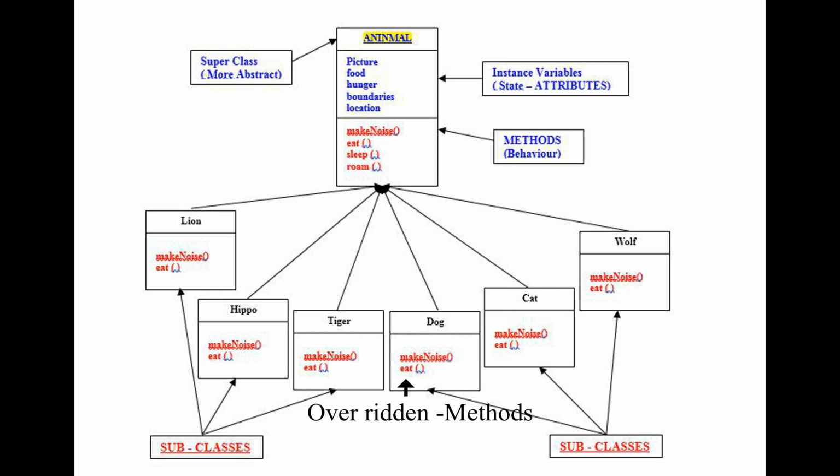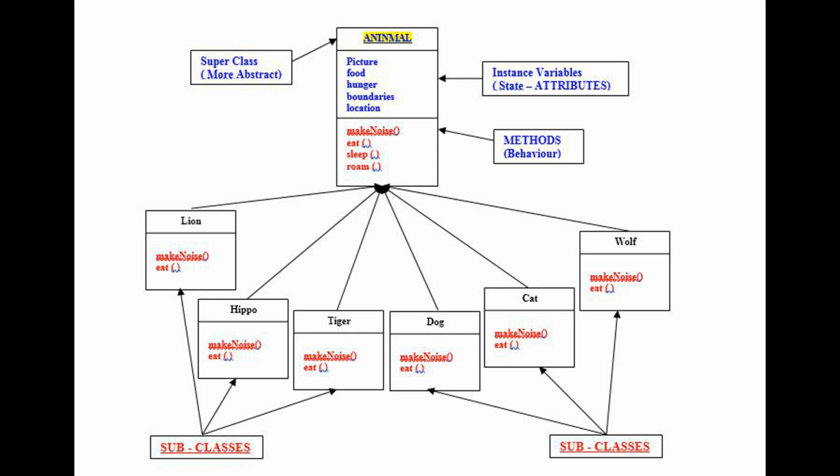So even though all of these subclasses would inherit all of these methods, we can still change the methods, override the methods, and make them more specific to our need. So obviously the Lion make noise would probably be a roar, and the Dog would be a bark, and a Cat would be a meow.